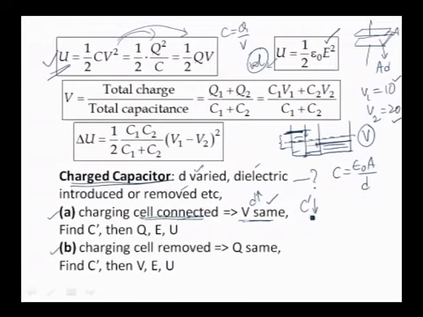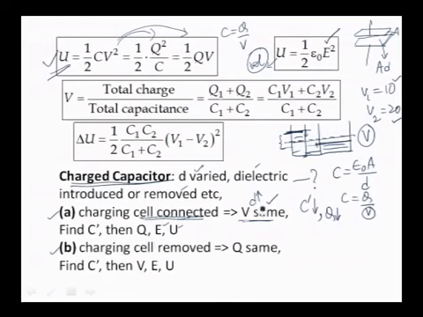That means capacitance of the new capacitor is less. And because C decreases and V is same, if you again use C equals Q by V, V has not changed, C has decreased, and therefore charge should have decreased. What has happened to charge? It will have gone back to the battery, because they have still connected the cell. So after this you can calculate energy and electric field and all.